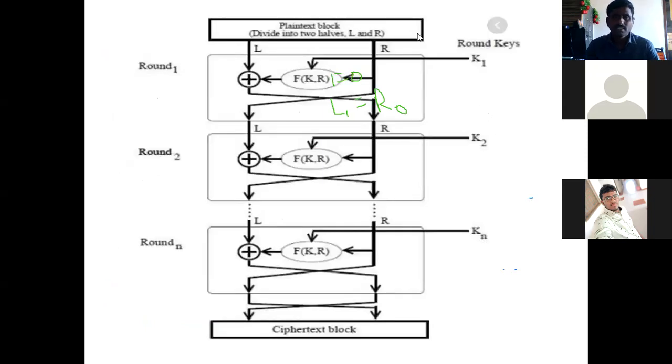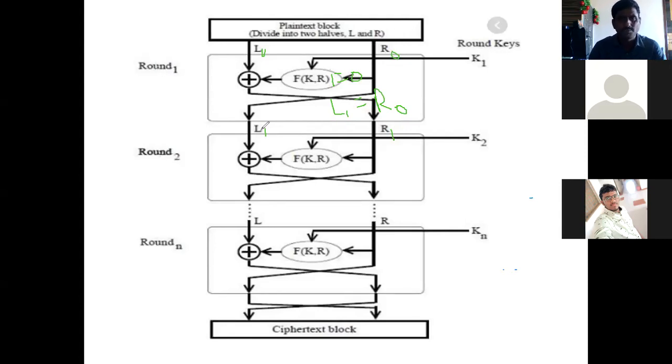See here, this is L0, and this is R0. And this is L1, and this is R1. So what is L1? This R0 is L1. This R0 is given to L1.